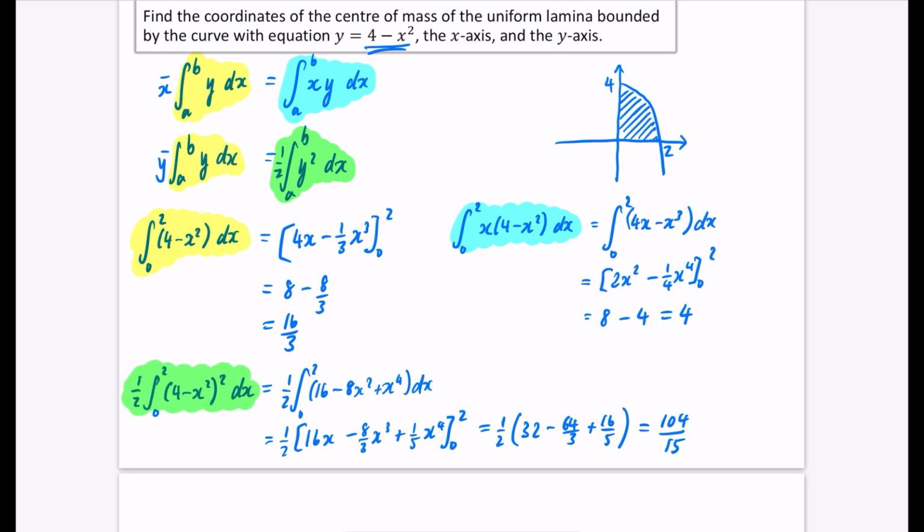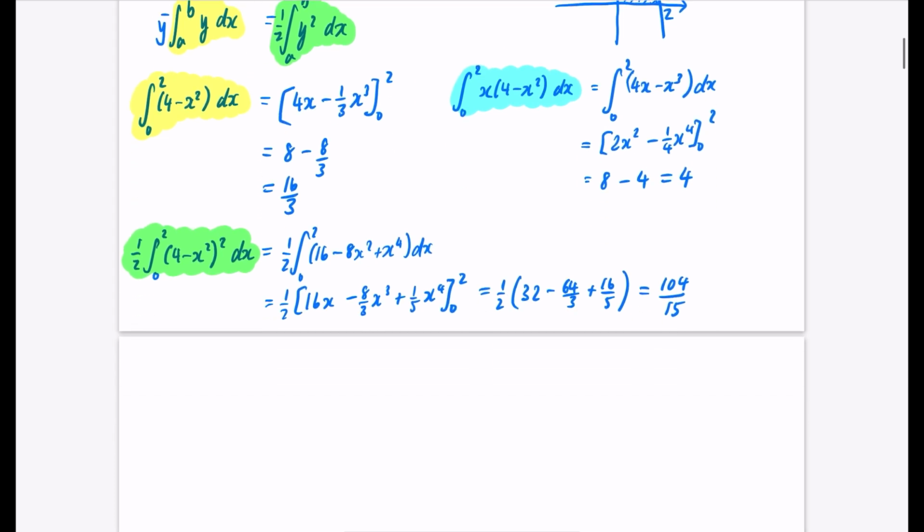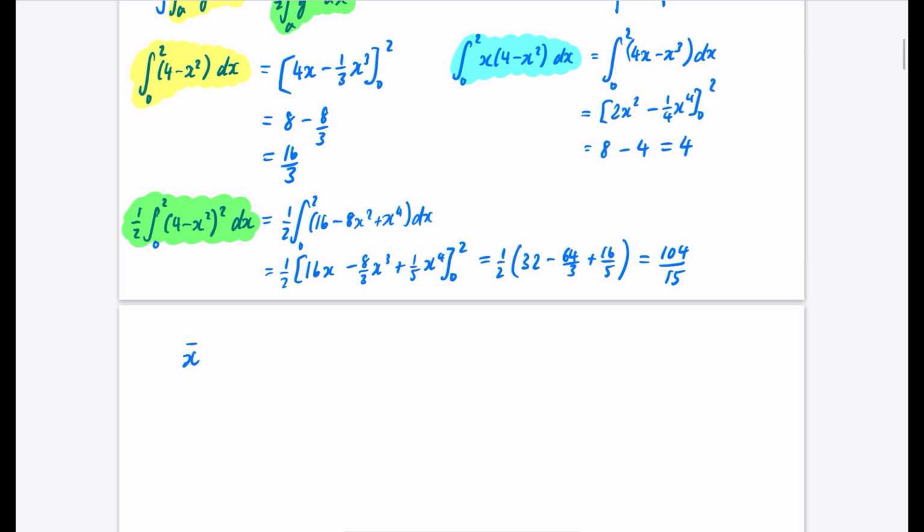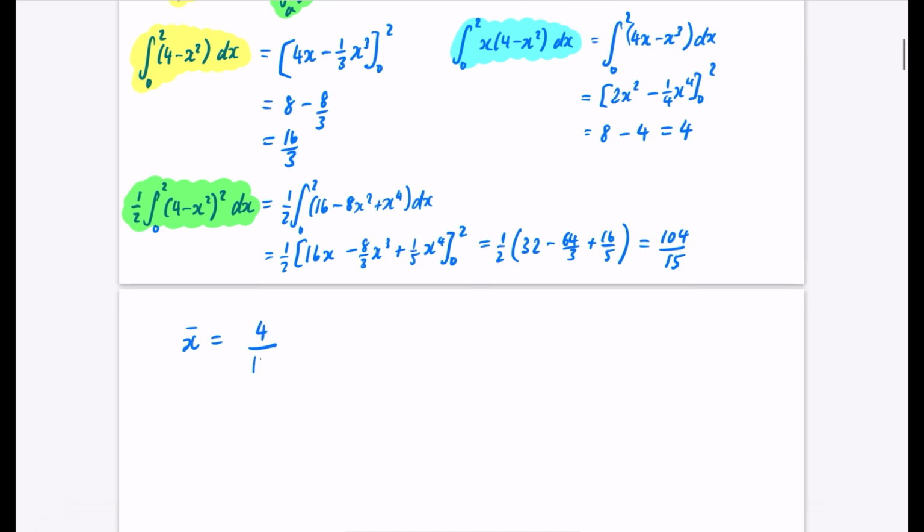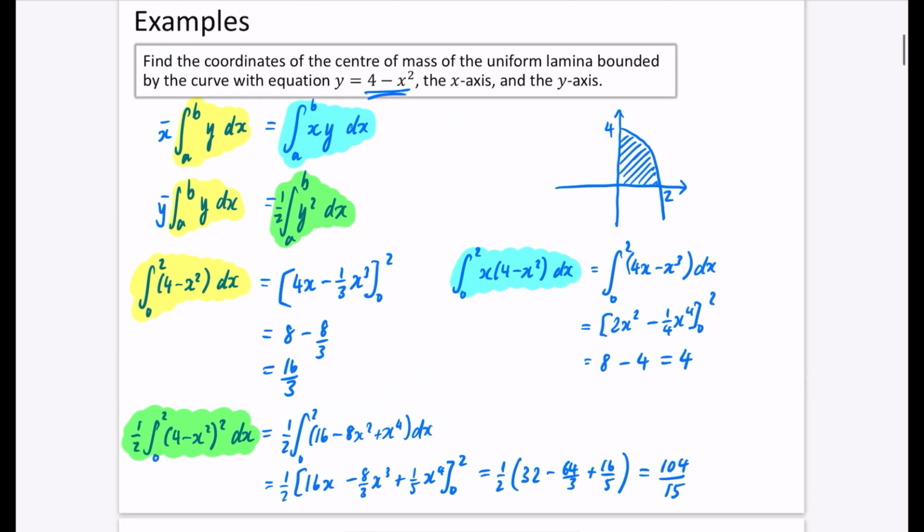So x bar is going to be the blue answer divided by the yellow answer. So I can now say that my x bar is going to be my 4 divided by my 16 over 3. So that is 12 over 16, or 3 over 4. So that's my location for x bar. And then y bar is also the green part divided by the yellow part.